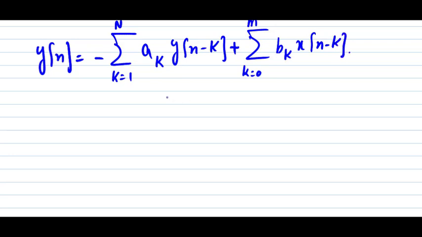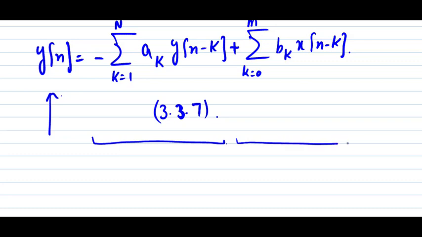This is basically equation 3.3.7 of our textbook. So it's a difference equation representation of an LTI system. Here y of n is the output, which depends on the previous outputs and the current and previous inputs.